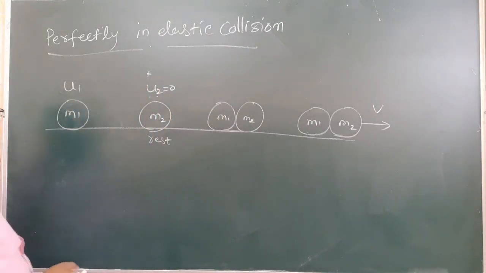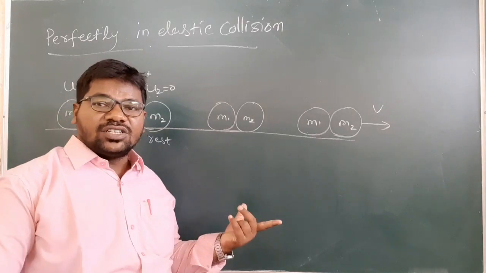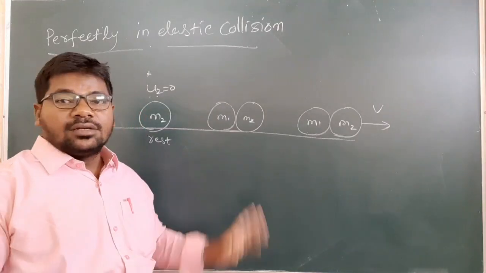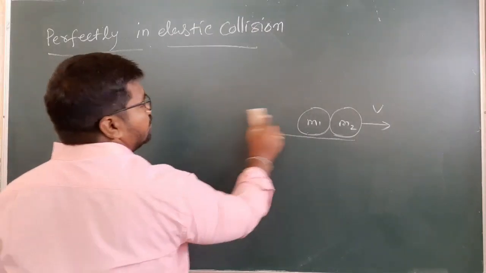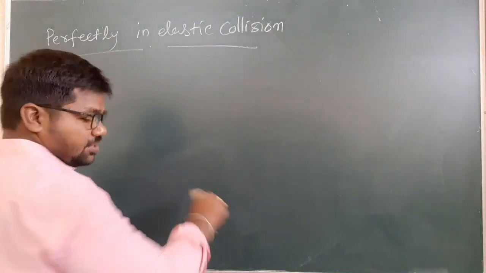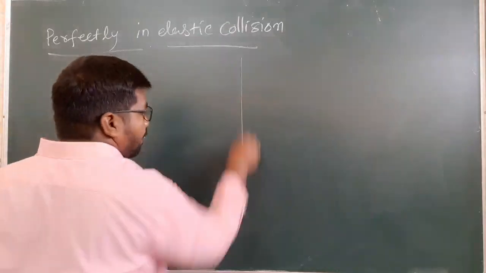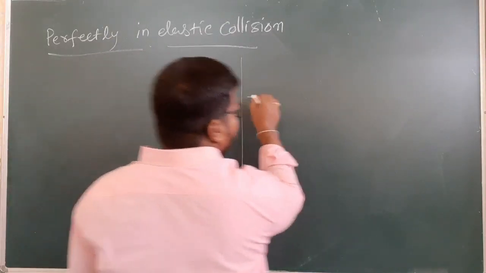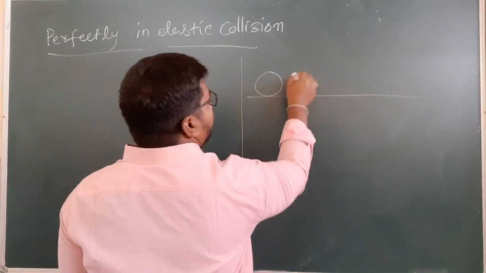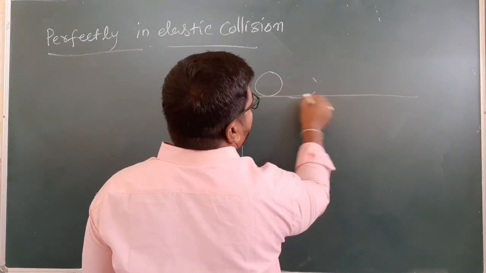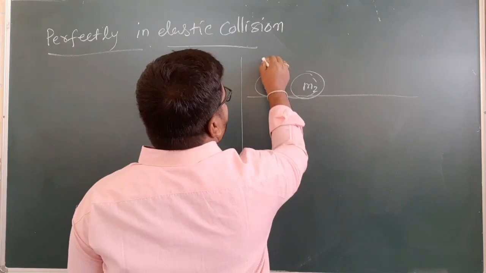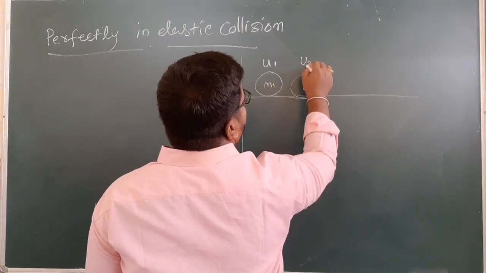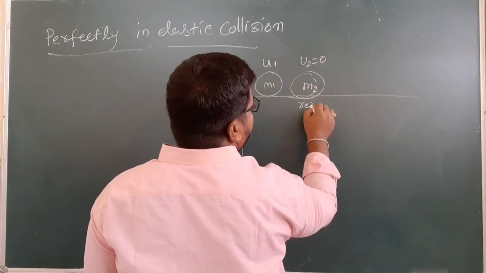Coming to the derivation, my dear children. For the derivation we need a diagram. m1, m2, u1, and u2 becomes 0, which is rest.